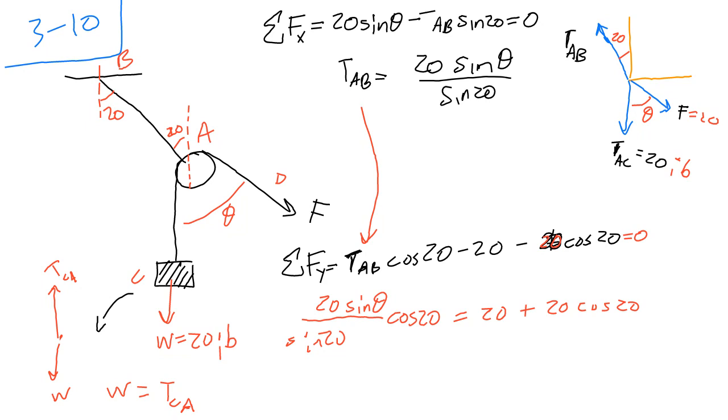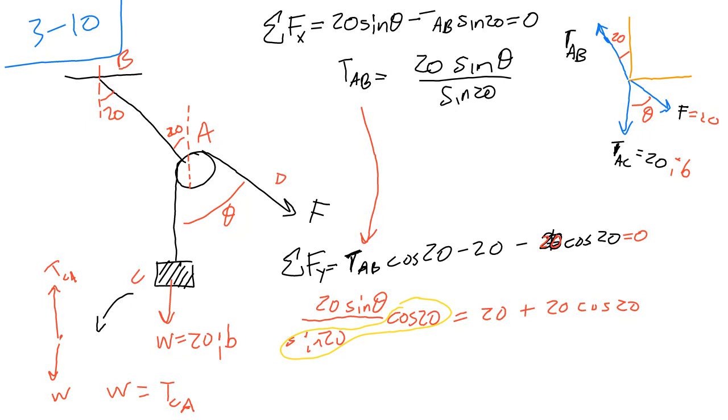Okay, so we can combine this cosine over sine right here. It's going to be 1 over tangent. So let's see.